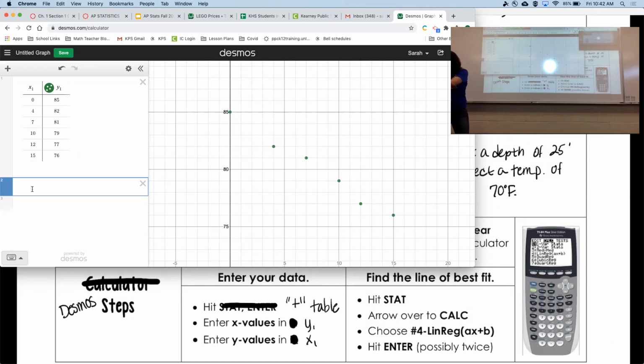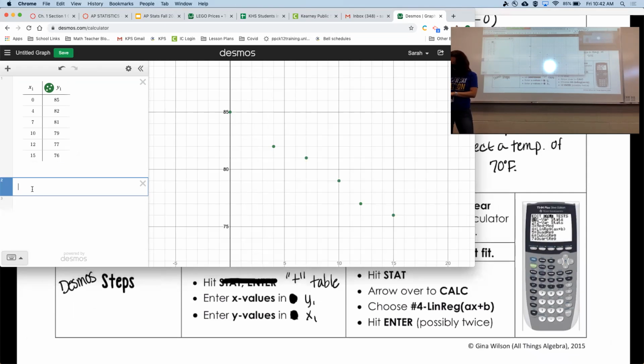In the number 2 spot, you're going to type the equation y sub 1, then a little tilde, m x sub 1 plus b.